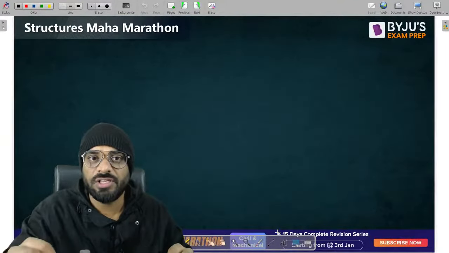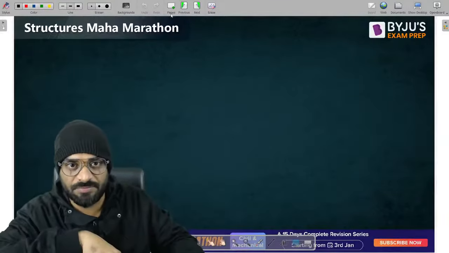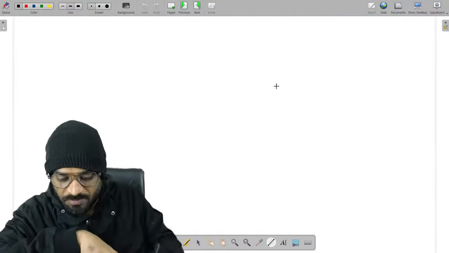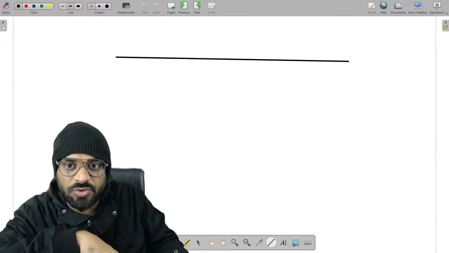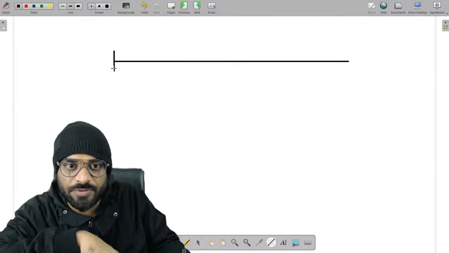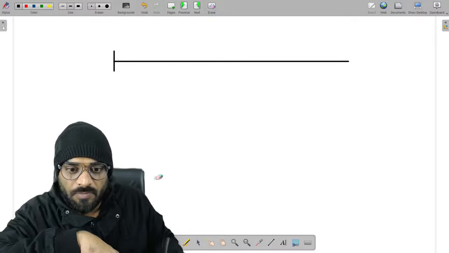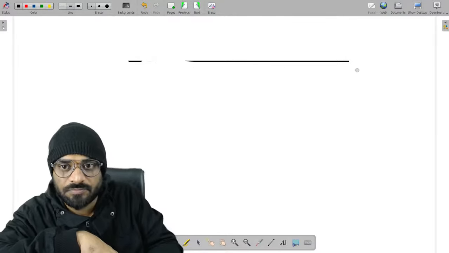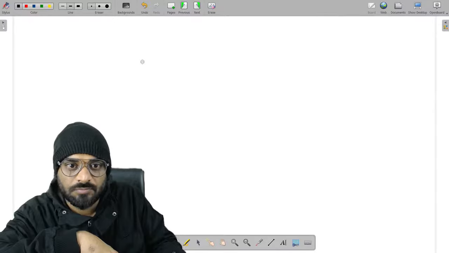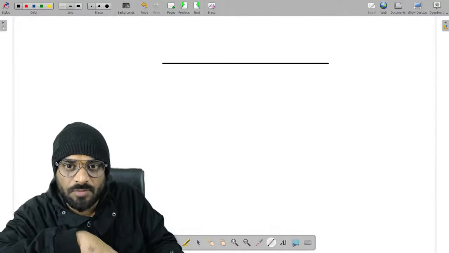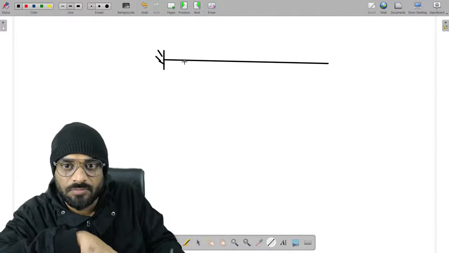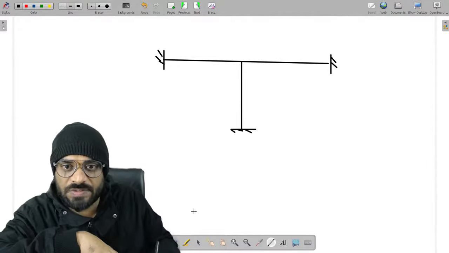How can we write down the shear equation? That is another question. After writing the slope deflection equation, let us suppose this is our structure which is given to us.